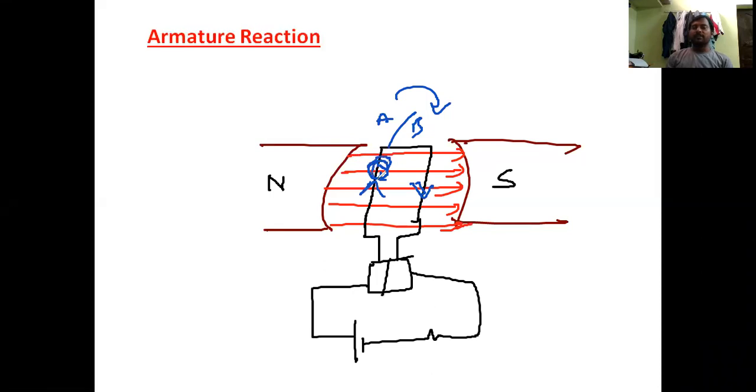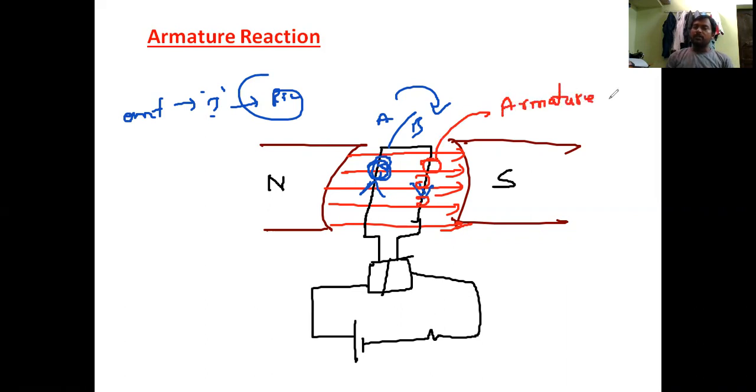According to Faraday's law of electromagnetic induction, if you rotate this conductor between the north and south pole, EMF will be induced in the conductor, current passes, and according to the right hand thumb rule, flux will be established surrounding this conductor like this. These are called armature flux.